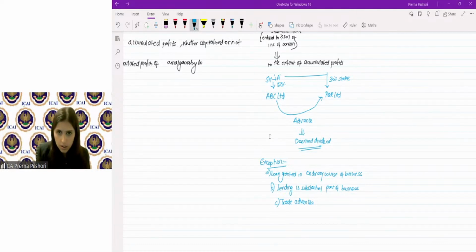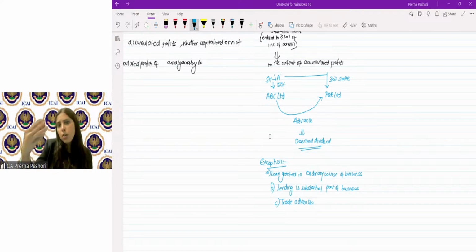For example, it is possible that the company's expenditure is being incurred by the shareholder. Quite possible, let's say the shareholder has given the premises on lease to the company, right? Now, let's say the repairs and renovation is not incurred by the company, but the shareholder is incurring that.